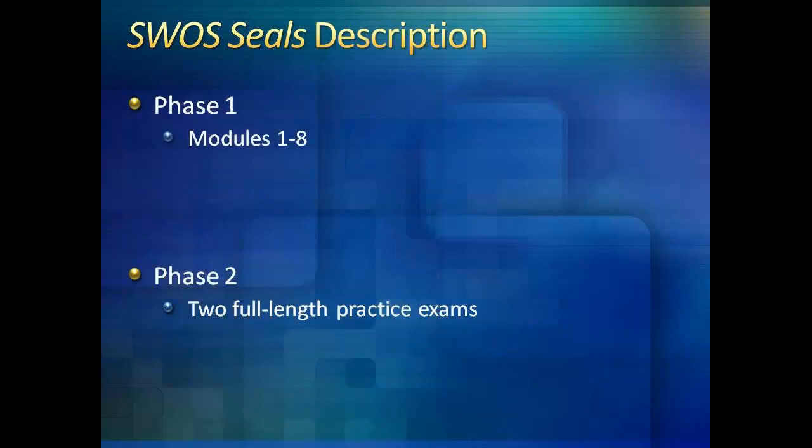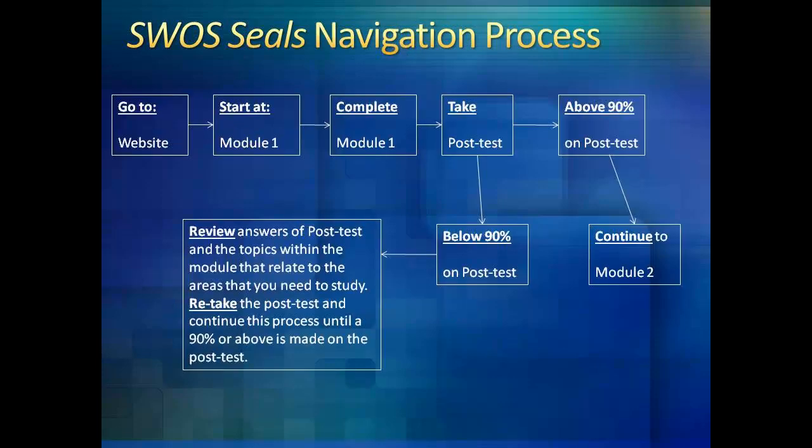SWOS Seals is developed into two phases. In phase one, the ensigns will work in a self-paced interactive learning environment that has no time constraints. It can be accessed from anywhere and at any time. Each ensign will be required to complete phase one in ascending order, starting at module 1 and ending with module 8.